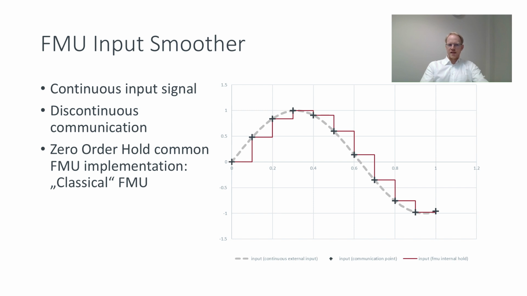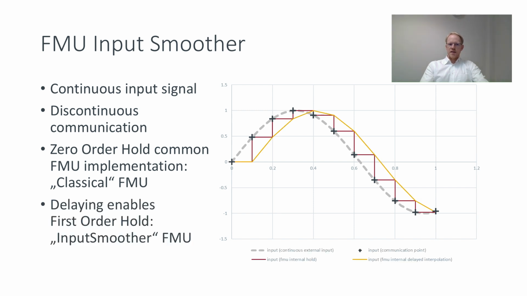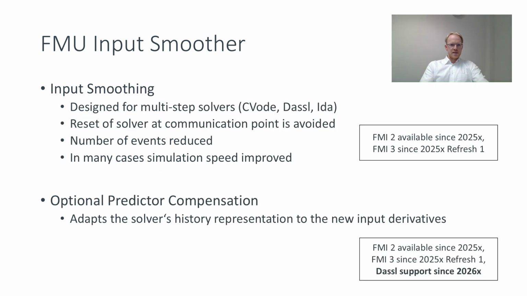Now the rationale is to delay the input to implement a first-order hold. So instead of the dark red discontinuous input trajectory, we use the orange line, a continuous input trajectory. The input smoothing is designed for multi-step solvers such as CVODE, DASL, or IDA.